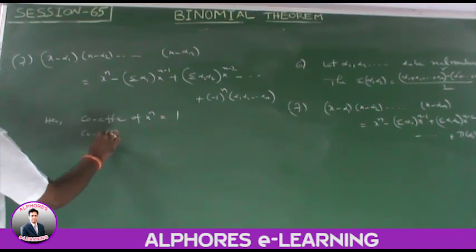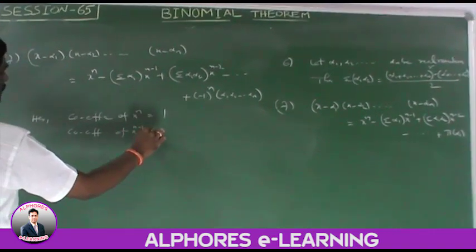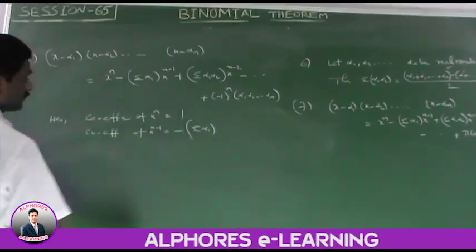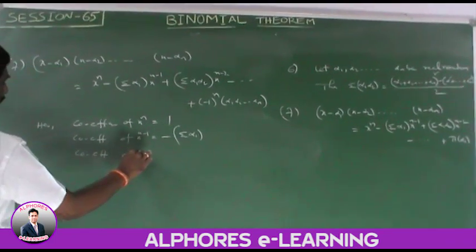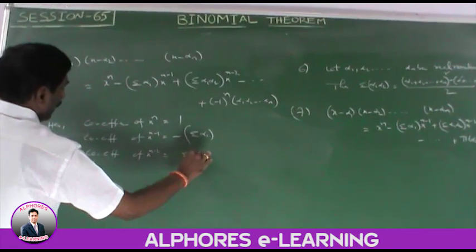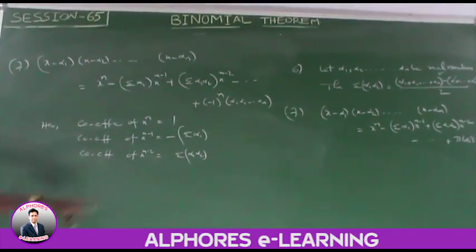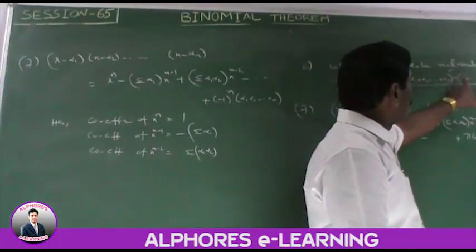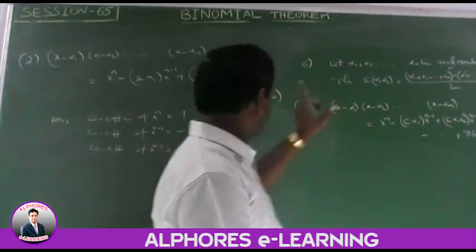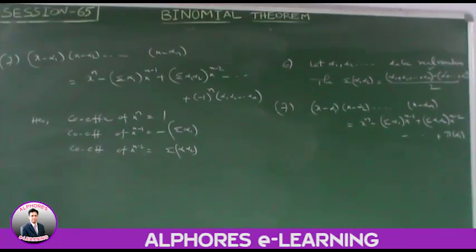Next, the coefficient of x power n minus 1 is equal to minus of sigma alpha 1. Please observe this value. Next, what is the coefficient of x power n minus 2? Sigma alpha 1 alpha 2. What is sigma alpha 1 alpha 2? It is nothing but (alpha 1 plus alpha 2 plus ... alpha n) whole square minus the sum of squares, by 2. By using that property, we find this value.